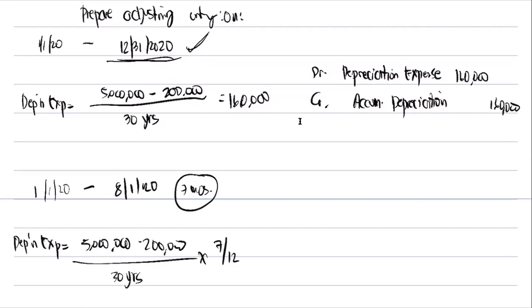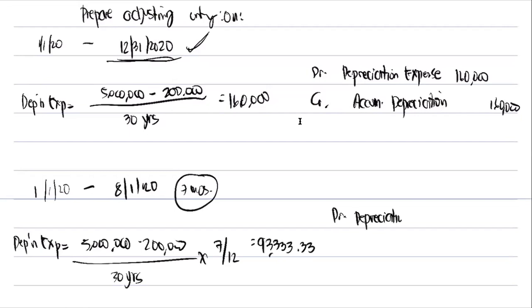Why? 7 months over 12 because 12 is the representation of 1 year. And since we only use 7 months out of the 1 year, then we will just get 7 over 12. So this is equal to 93,333.33.